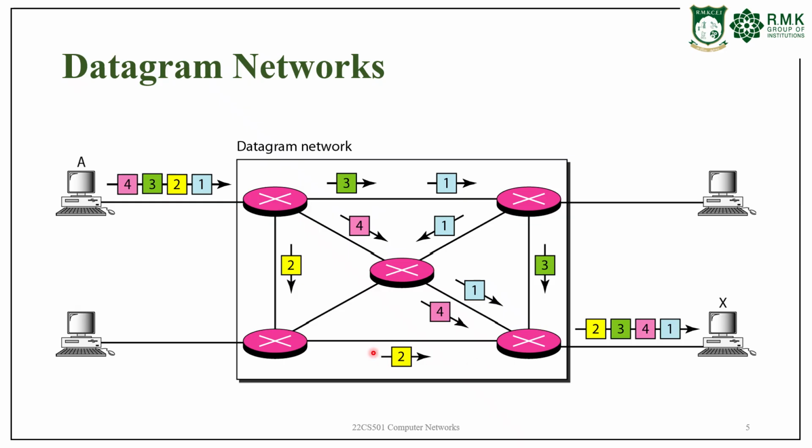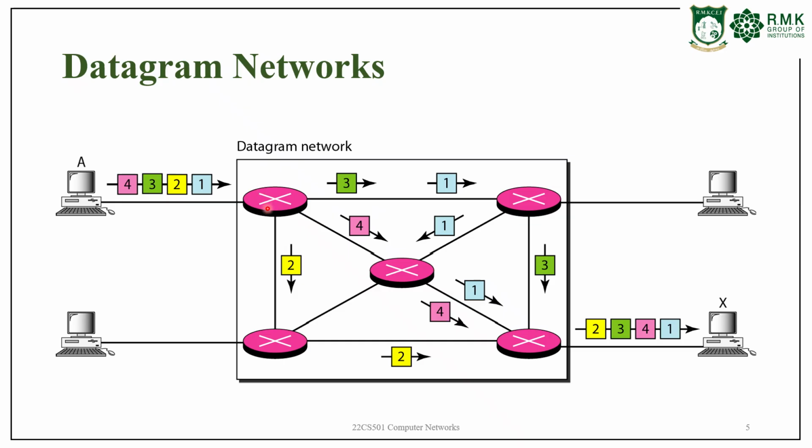Here, the connection is not established. According to the available resources, the datagrams travel. So here, the first datagram travels from this router to this router, and this router to this router, and from this to destination. Next, the second travels from this router to this router, and then from this to destination.